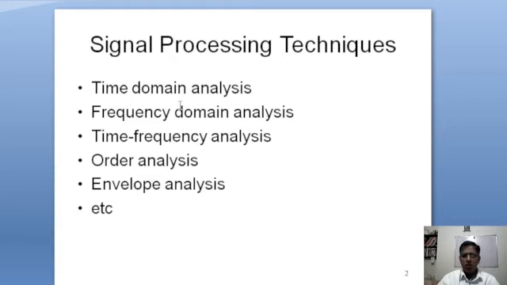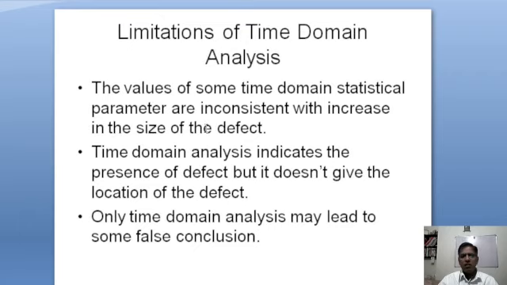So there we have seen the limitations of time domain analysis. The basic limitation of time domain analysis is that the values of time domain statistical parameters are inconsistent with the increase in the size of the defects or with the increase in the RPM.